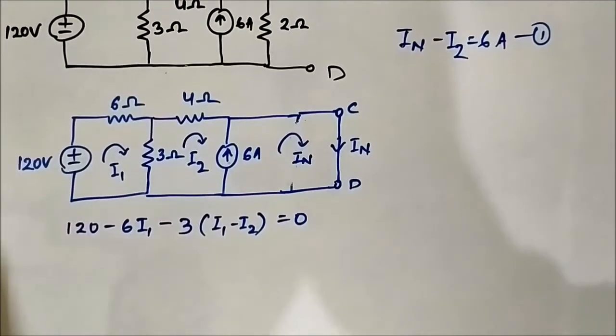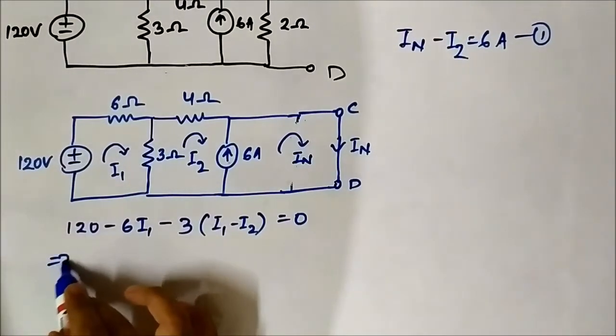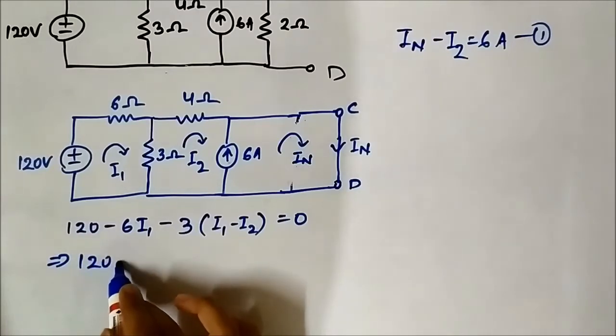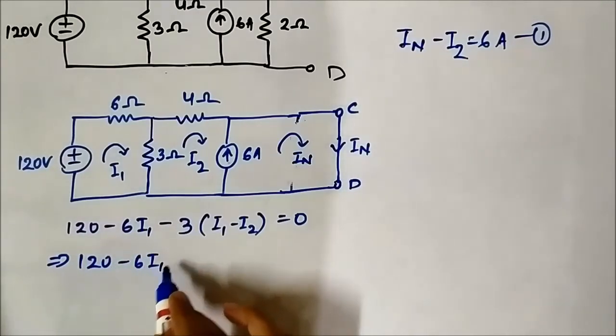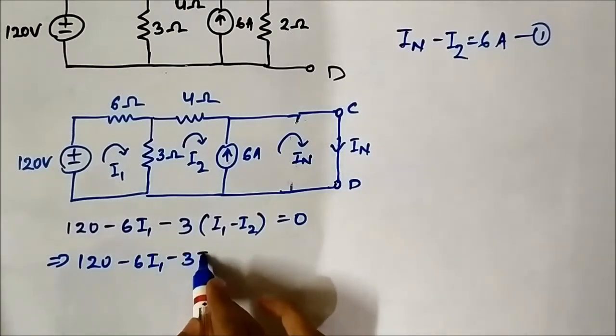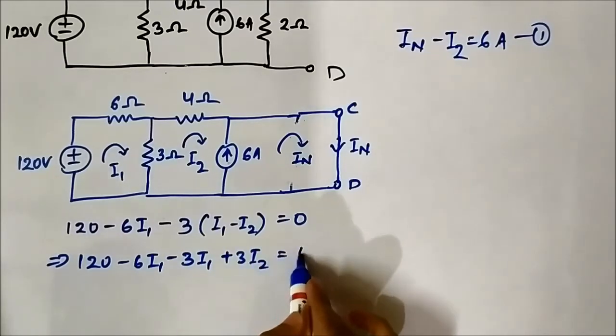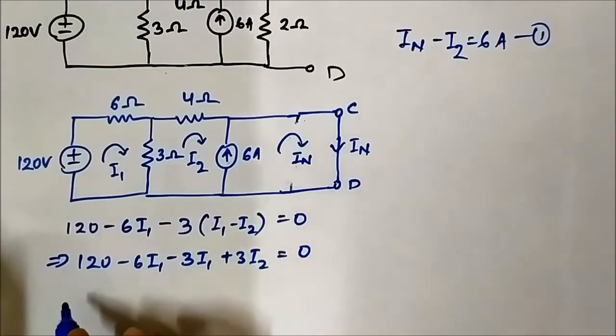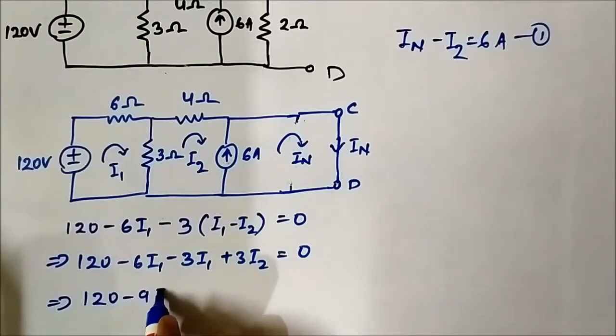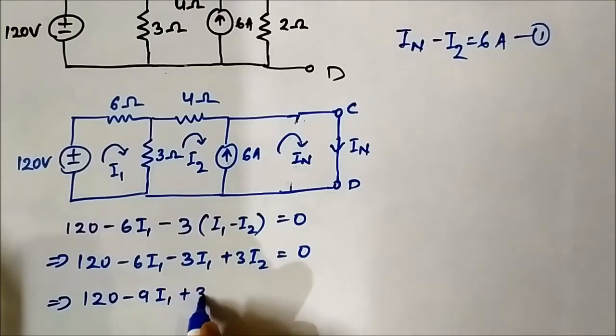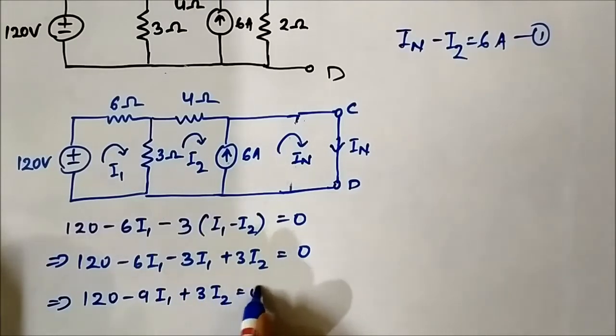That implies 120 minus 6I1 minus 3I1 plus 3I2 is equal to 0, which implies 120 minus 9I1 plus 3I2 is equal to 0.